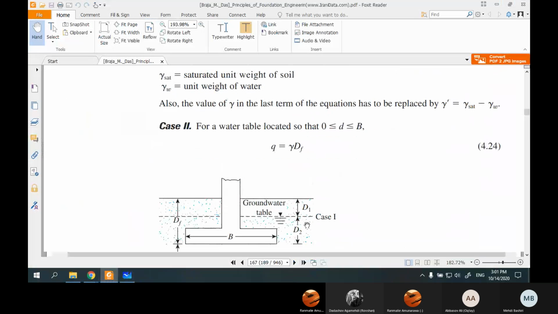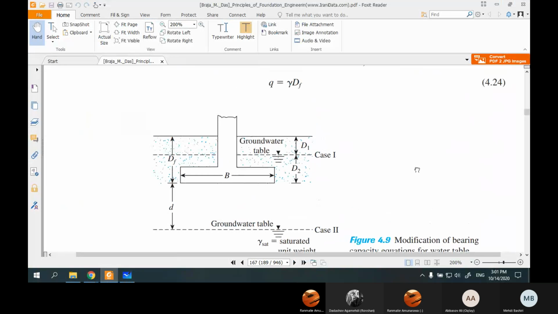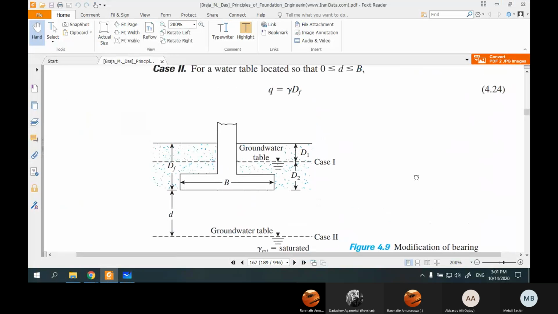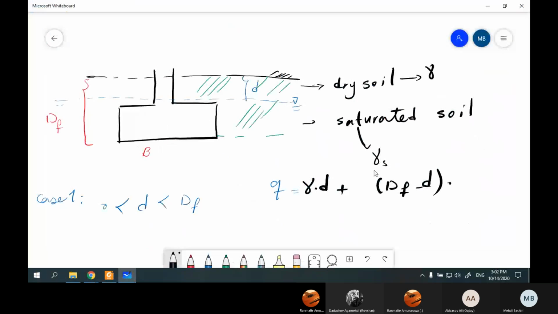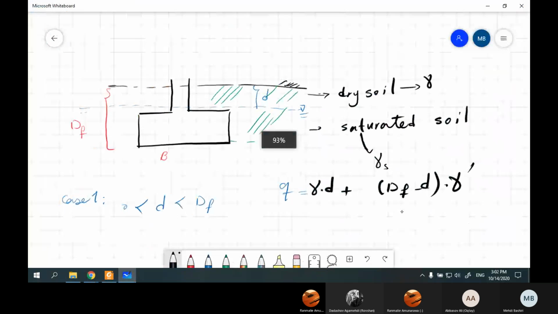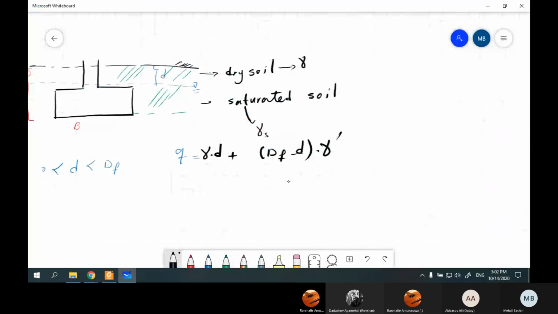You can see it here. This is the first case, the water level is here. In the first part we have soil, and in the second part we have water and soil. So here we have gamma prime. What was gamma prime? Submerged. Gamma prime is equal to saturated minus water.